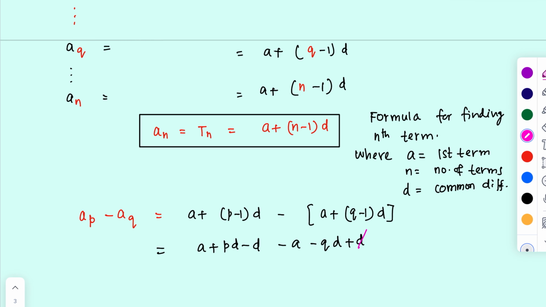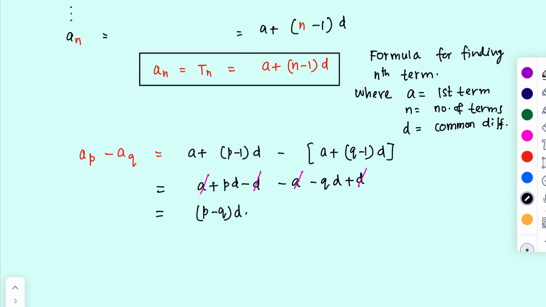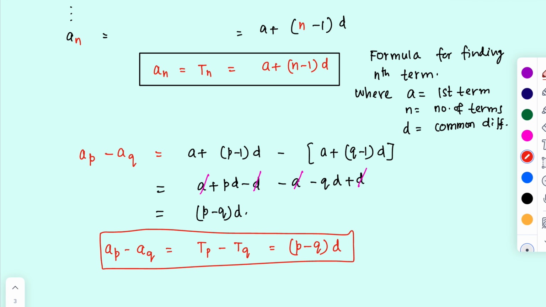Now if you will see here, plus d minus d will be cancelled out, plus a minus a will be cancelled out, and we will get only p minus q into d. You just remember this ap minus aq, that is same as Tp minus Tq. Term p minus term q will be equal to p minus q into the common difference.